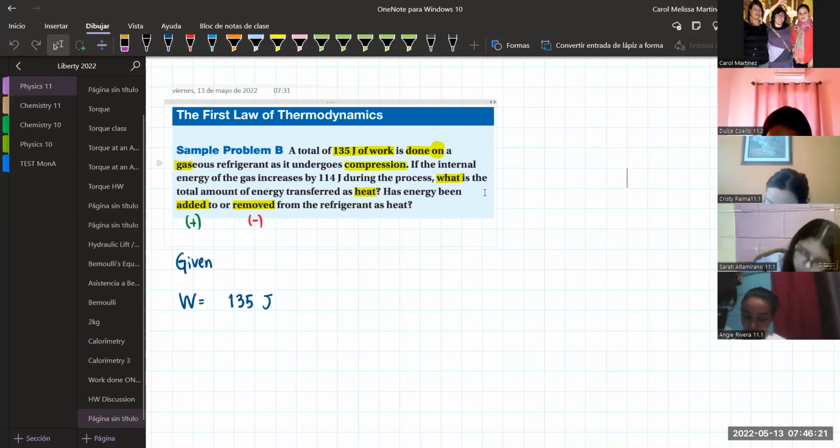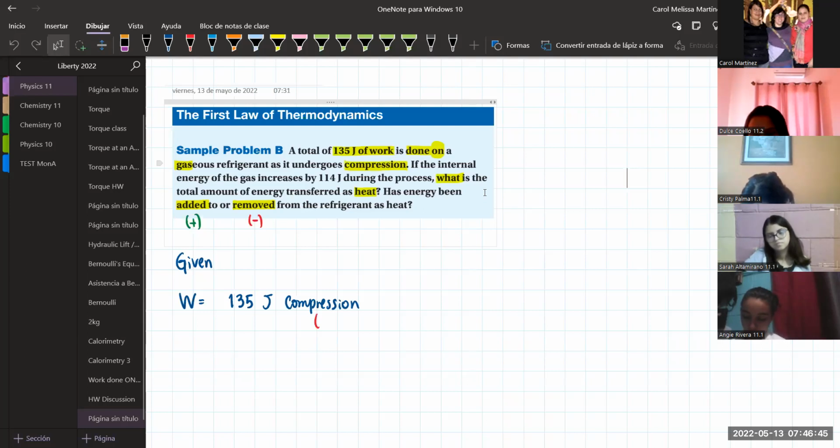So what is the sign that we use for work when we talk about compression? Negative. Okay. So even if the problem doesn't give you 135 as a negative value, you have to remember that this is compression, and that compression is going to be denoted by a negative sign. So in this exercise, they're giving me negative 135 joules. Okay, that's my work.